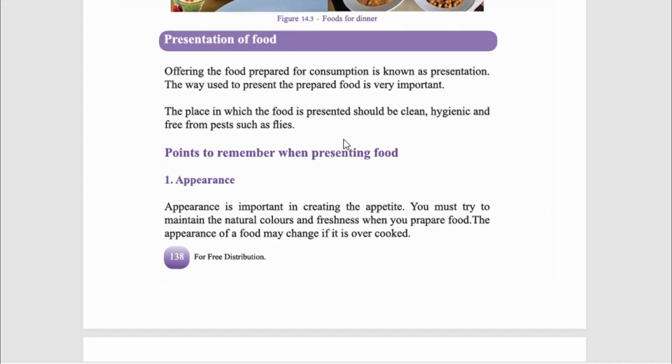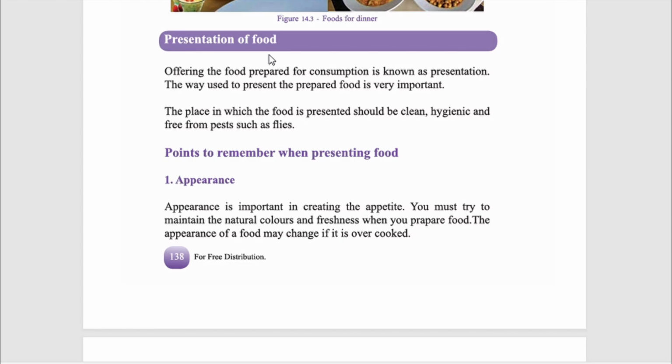And you can see here the presentation of food. When we are looking at food, the first impression is the last, no? So if it is varied, if we add a lot of colorful food, and it is eye-attractive, we normally like it. Especially little children, we can see the tendency of grabbing the food.